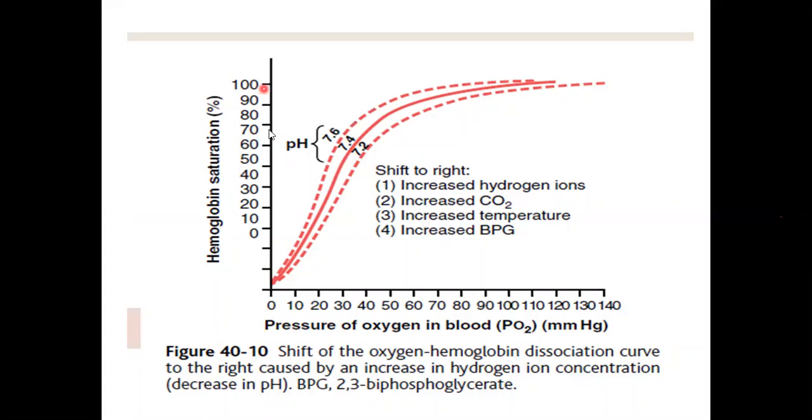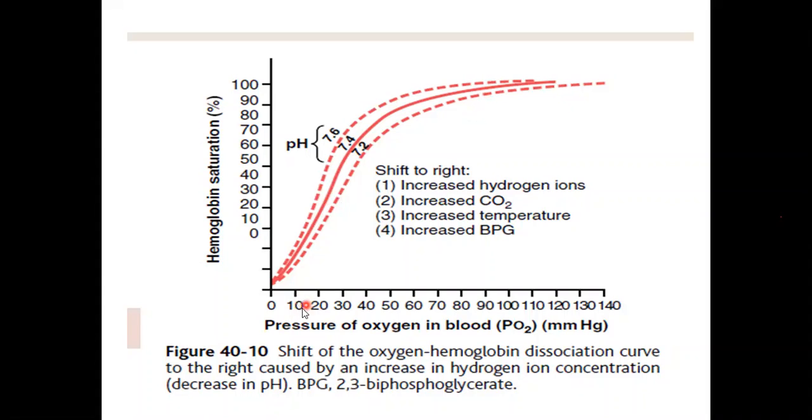In the x-axis, we represent the partial pressure of the oxygen in terms of mm of Hg, ranging from 0 to 100 plus. So if you see here, when the oxygen pressure increases, almost most of the hemoglobin gets saturated. So we get a curve which represents the S shape. Hence it is known as the sigmoid curve.